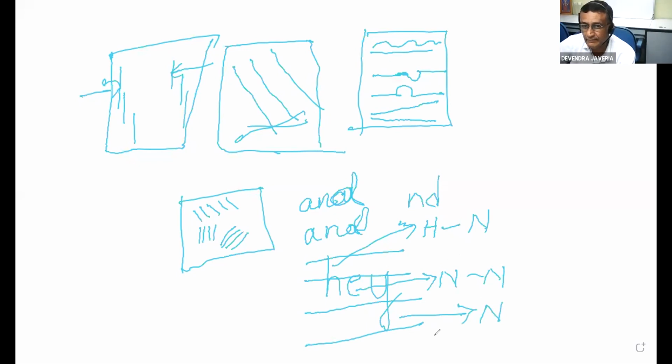So any problem in any of these zones, medical problems will be reflected in this. I'll just add a small thing over here. A lot of people nowadays are suffering from what? Corona or breathing disorders.